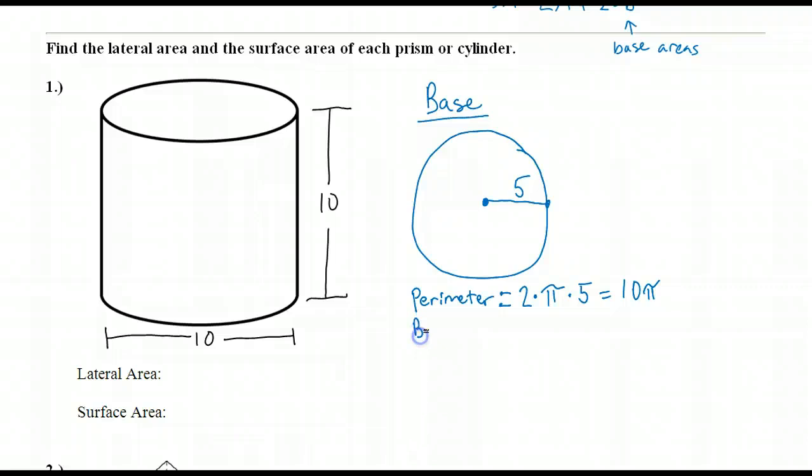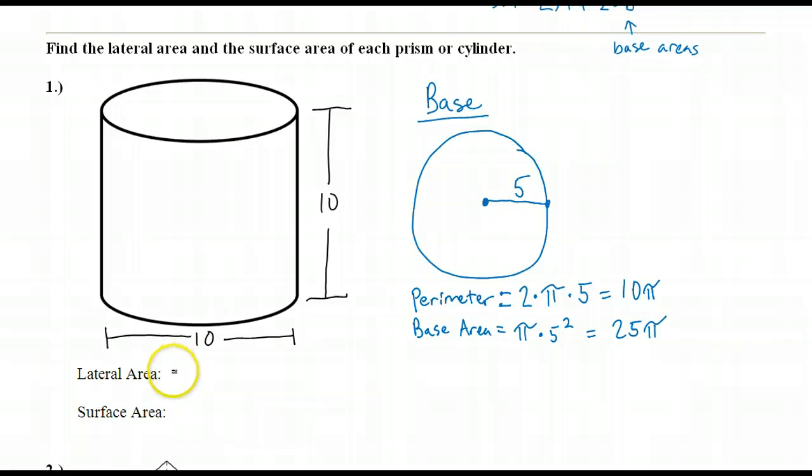To find my base area, I'm going to find the area of this circle, which is going to be pi times my radius squared, simplified down to 25 pi.